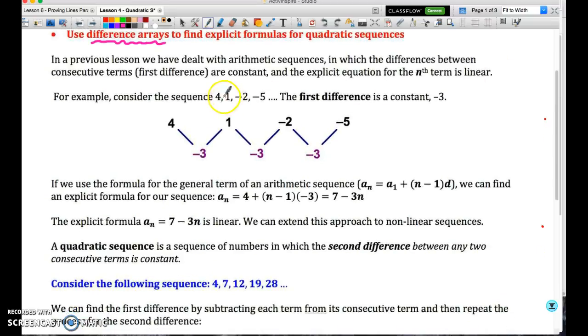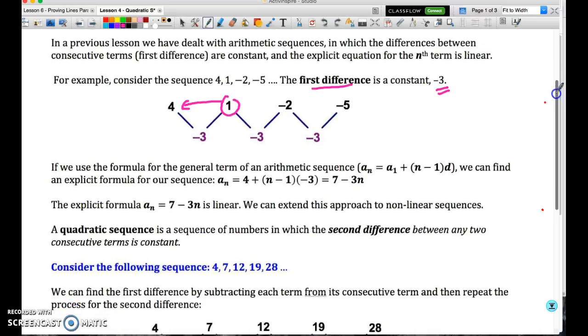Here we have an example where we have the sequence 1, 4, minus 2, minus 5. If we were to take any term and subtract the preceding term, we're going to find what is known as the first differences, and in this particular case, all of the first differences are the same, they are constant, and this confirms for us that this sequence is in fact an arithmetic sequence.